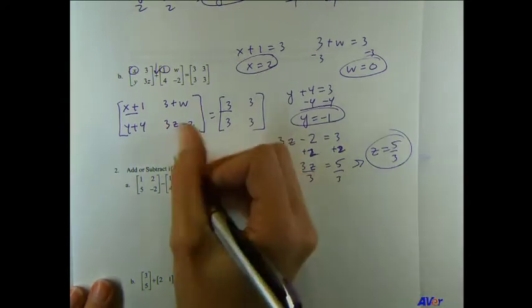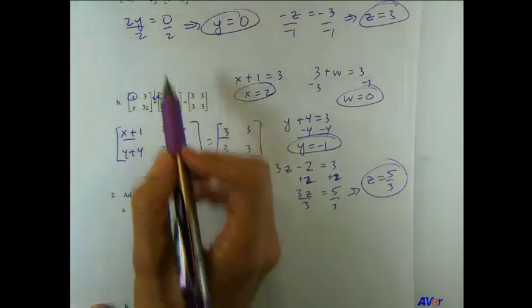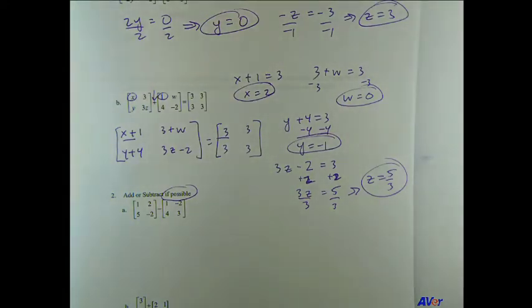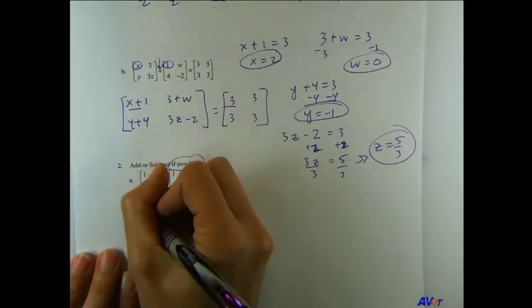Add or subtract, notice it says if possible. I could only add these, I could only compare these, if they had the same number of entries, if the dimensions were the same. So in part A, the dimensions are the same, and I can go ahead and subtract. My answer is going to be a matrix.